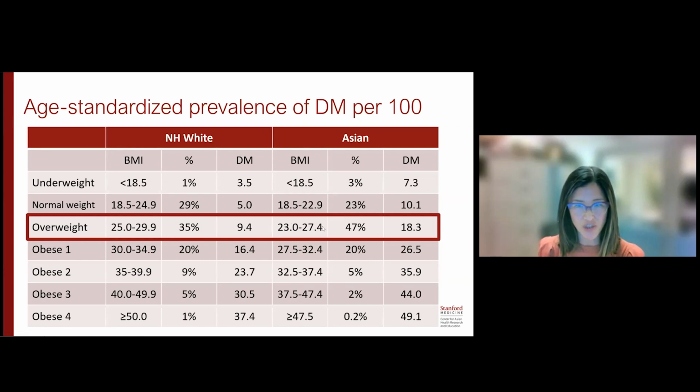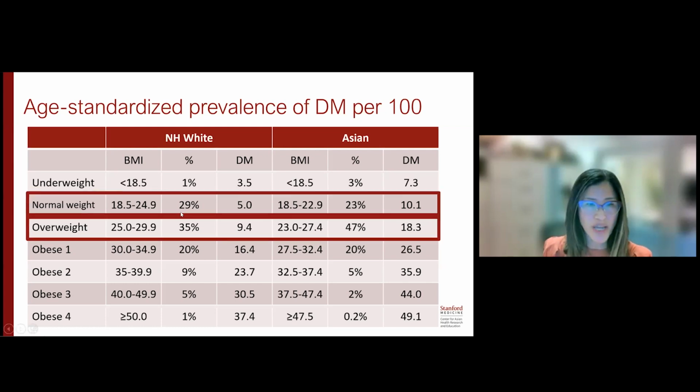Even doing that, you can see the proportion of non-Hispanic white populations that were overweight, 35% compared to 47% Asian Americans. And then here's the risk of diabetes. It's 9.4 per 100 individuals in non-Hispanic white populations, and it's double that in Asian Americans, despite the fact that the BMI cut point was lower.